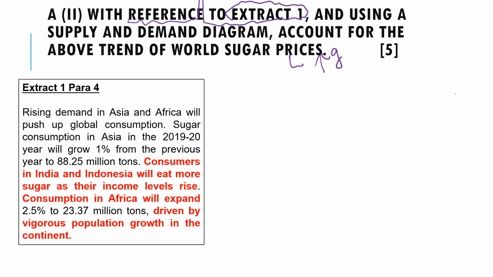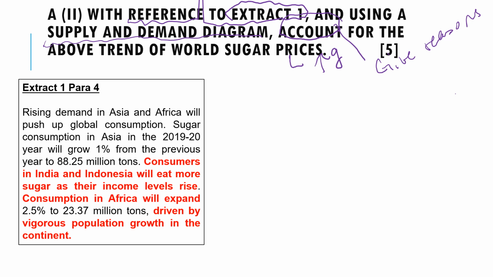Number 2, you must use a demand and supply diagram. It is a requirement, a necessity for you to use a demand supply diagram, and you need to account for this. Account here basically requires you to give reasons. What are possible reasons for the increasing trend in world sugar prices?